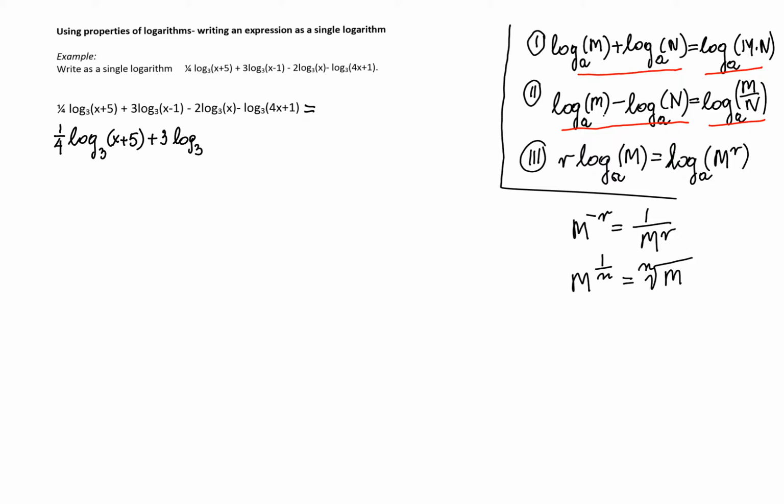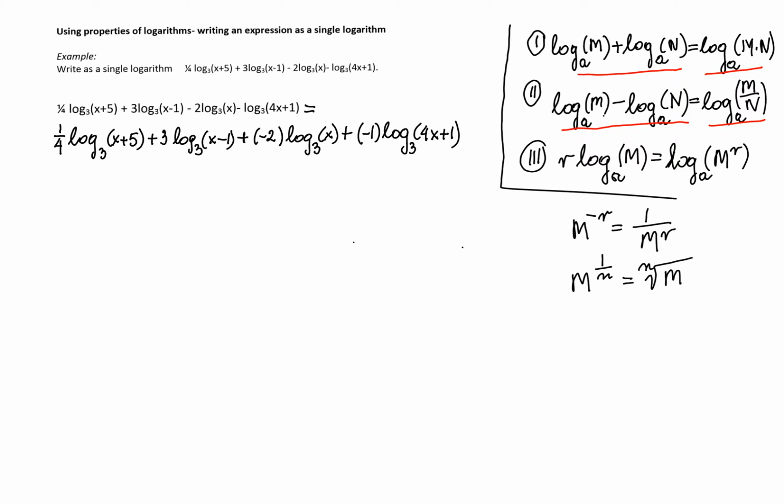But the next term has the minus 2, so we'll rewrite it as plus negative 2 times logarithm to the base 3 of x. And then we have another minus sign, so we'll write plus and minus 1 instead, and logarithm to the base 3 of 4x plus 1.